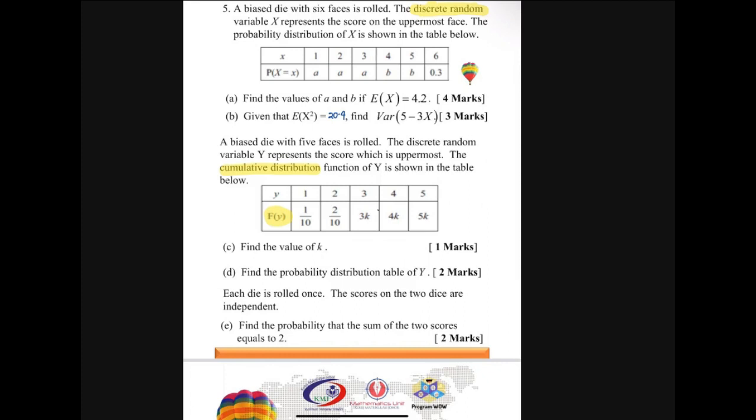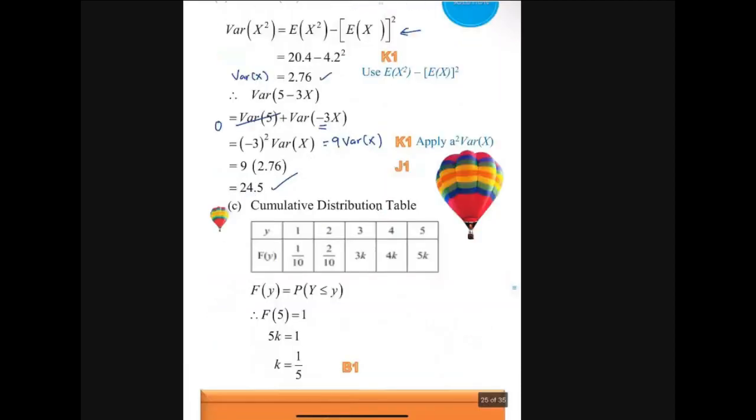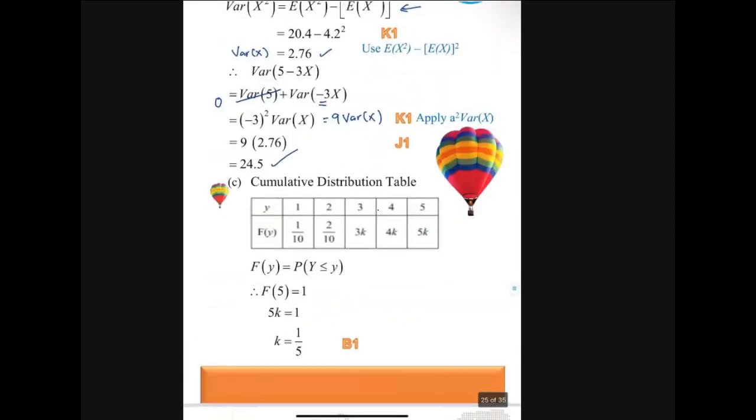Okay, so from here we have to find the value of k, and then find the probability distribution of Y. So from cumulative, we have to find Y. Okay, so let's do this first. For part C, from the table, we know that our total cumulative must be the same as the total of probability.